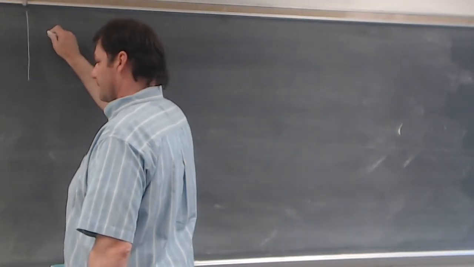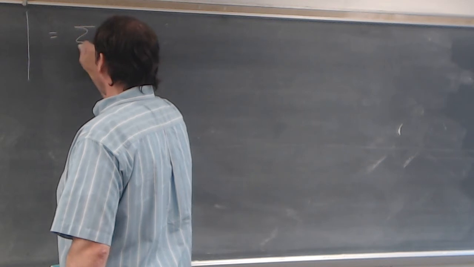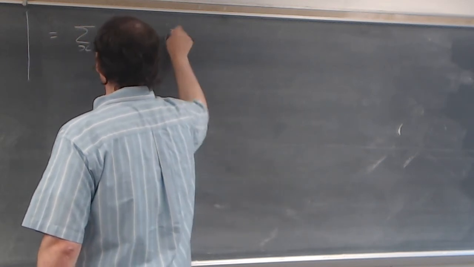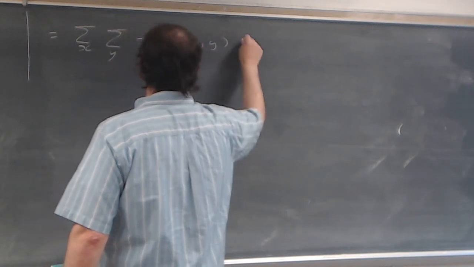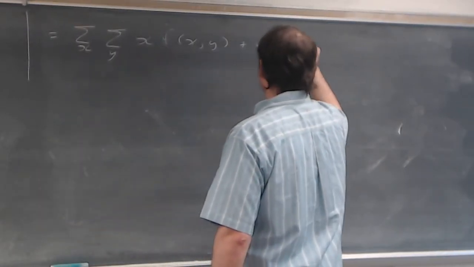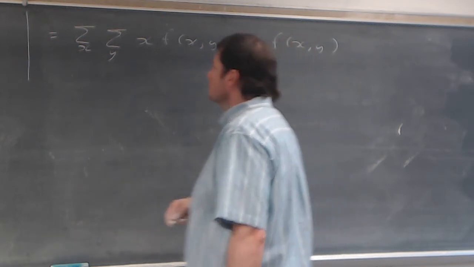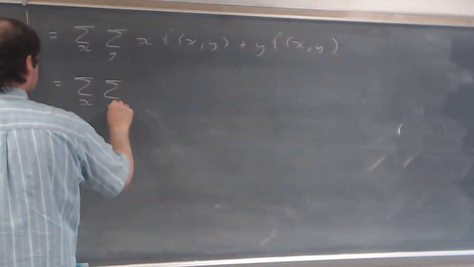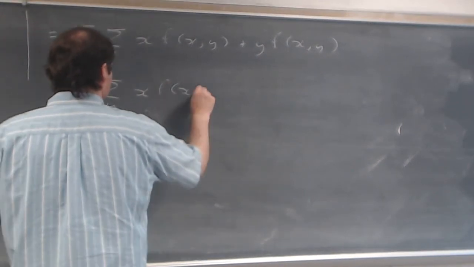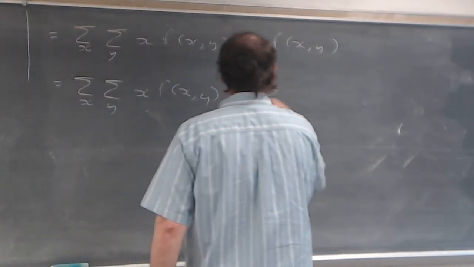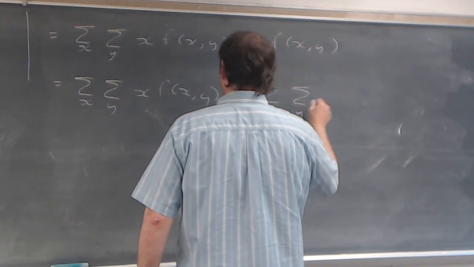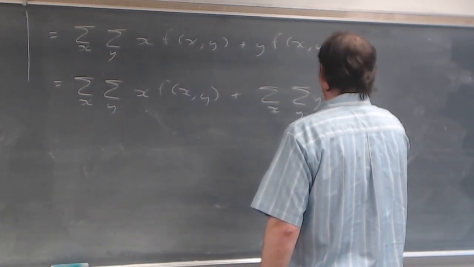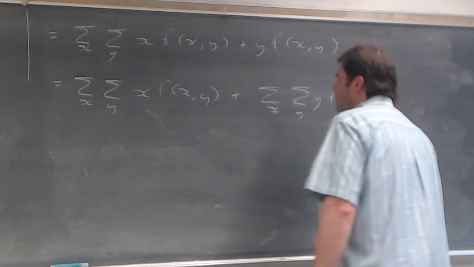So this is going to be equal to the sum over the x values, sum over the y values of x f of x comma y, plus y f of x comma y. Now, the two double sums: this is x f of x comma y, plus the double sum of y f of x comma y.